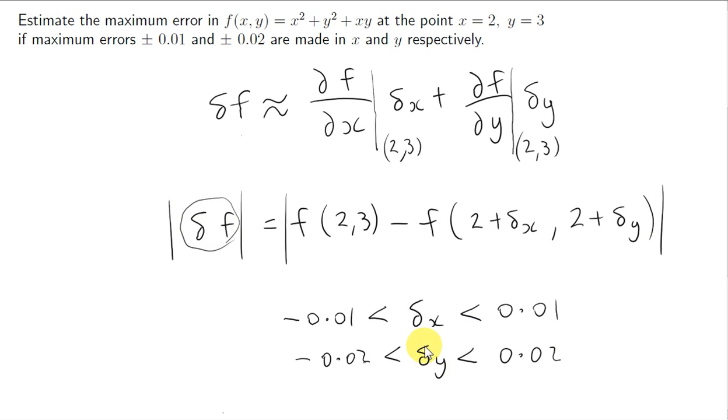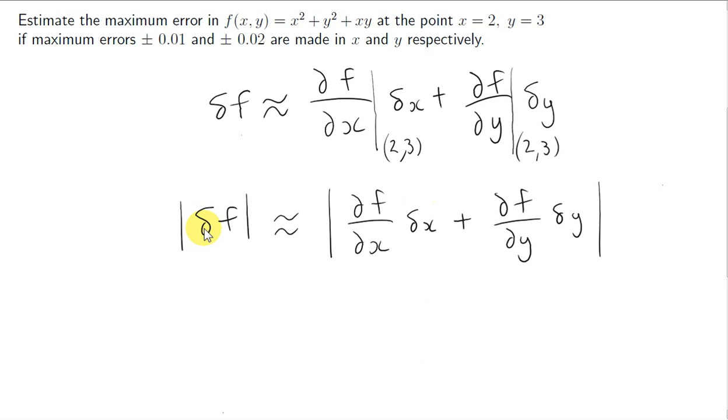So what values do we need to plug in for delta x and delta y? Let's consider the magnitude of this expression. Now I won't bother writing in where we're taking the partial derivatives. We know that we're taking them at the point (2, 3), so that's assumed.